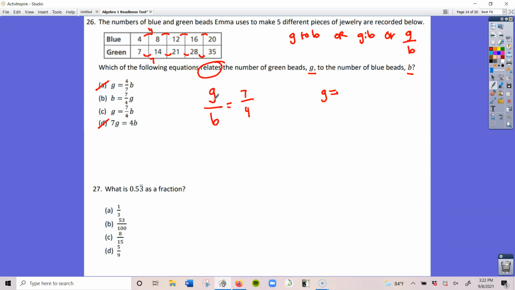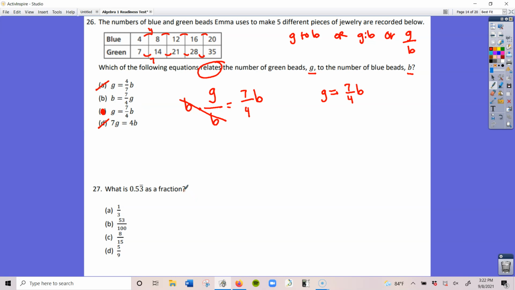A ratio like this, which is a fraction, just means division. So if I want to move this B over to the other side, the opposite of division would be multiplication. So I would multiply B to both sides. So G would equal 7 over 4 B, which is C.